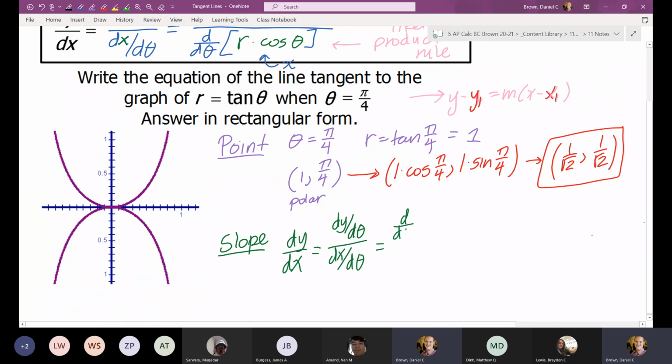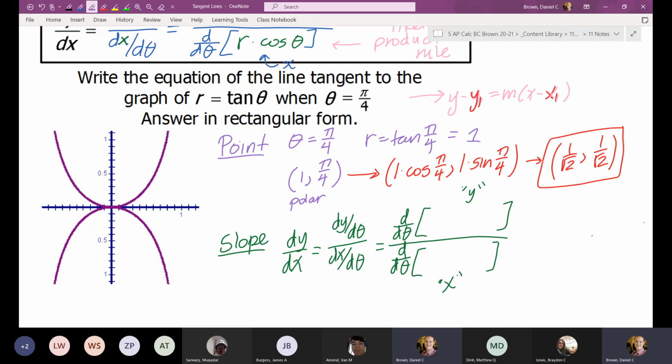When I say dy d theta, that means take the derivative with respect to theta of y, and then divide it by the derivative with respect to theta of your x. And we just have to plug it in.